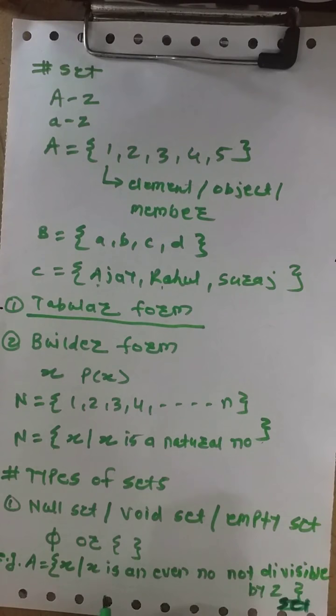So this is an example of a null set. What is the output? The output is the empty set, because every even number is divisible by 2, but the condition is that x is an even number not divisible by 2. So in that set there is no element. So A is equal to null or empty set.